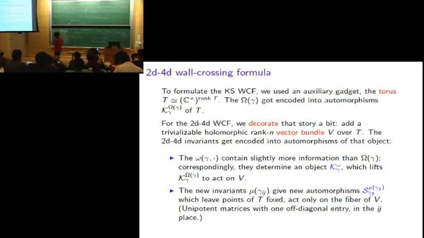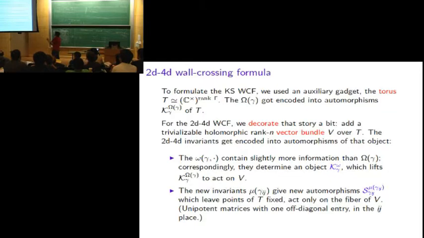But now we also have some new invariants, these mu of gamma ij, and they give really new automorphisms which don't act on the points of the torus at all, but they're just some matrices that act in the fiber of the bundle. Those matrices also appeared maybe slightly implicitly in Davide's talk.